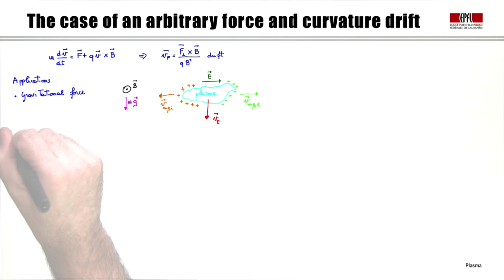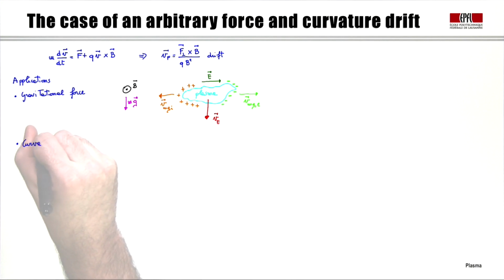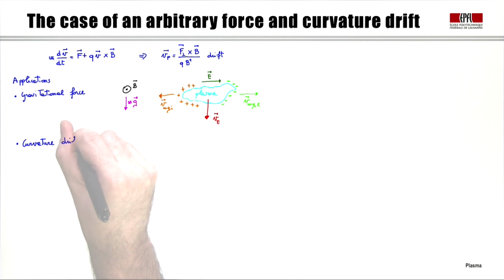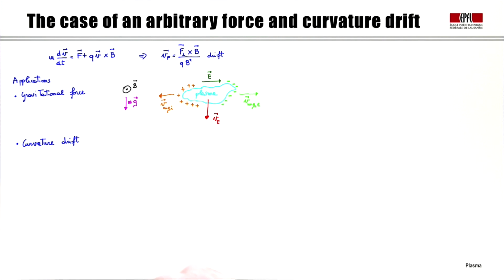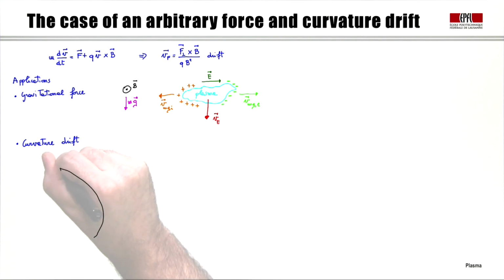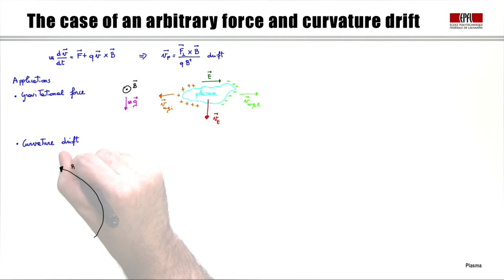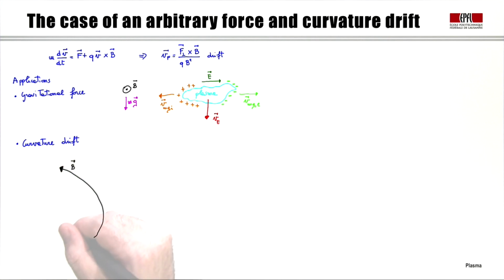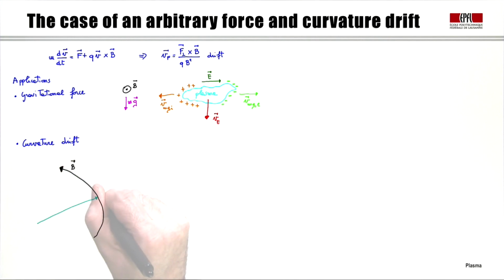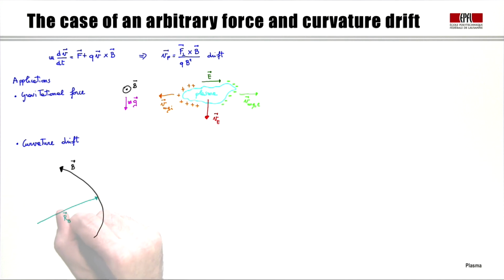The second application that I would like to discuss with you is the curvature drift. Let's imagine to have magnetic field lines with some curvature, and we will call this curvature the curvature vector R_B.